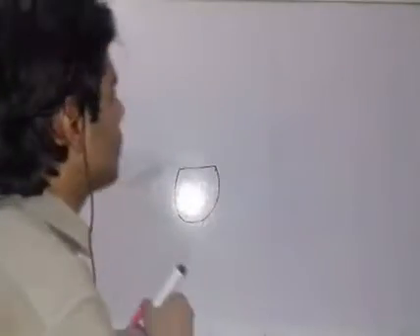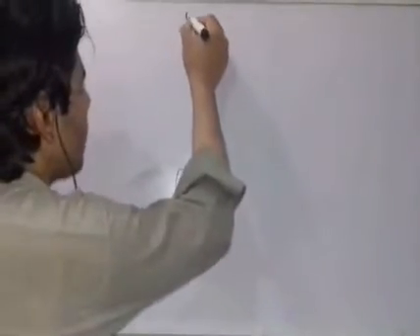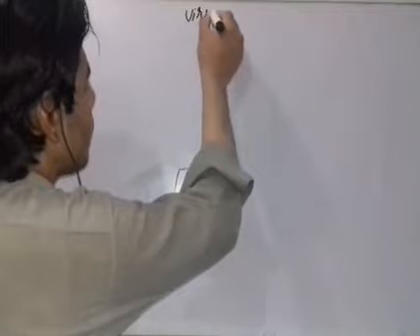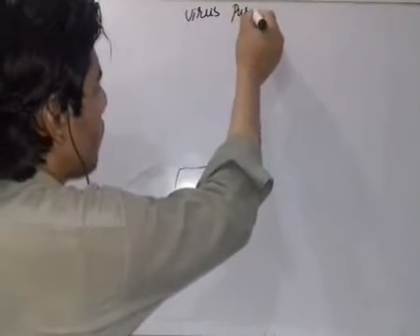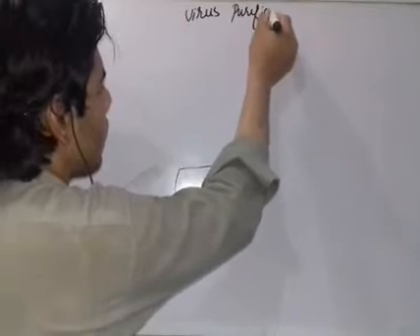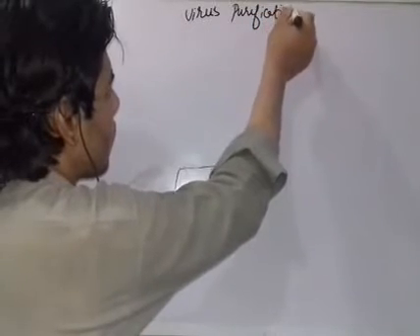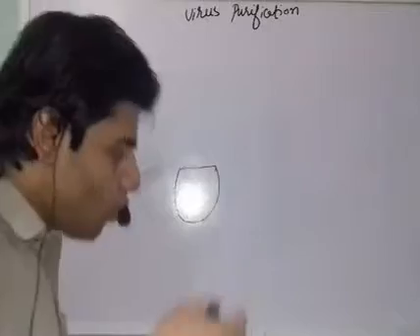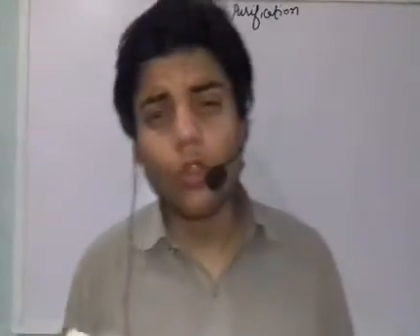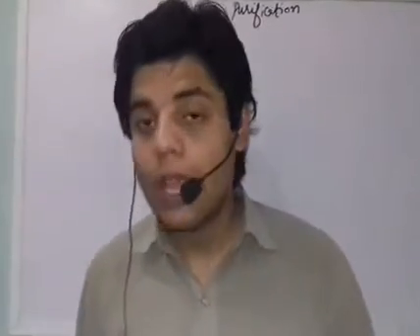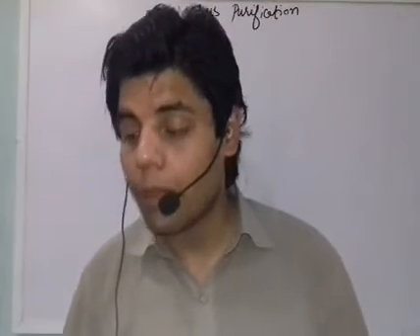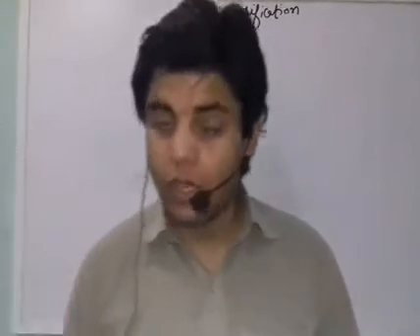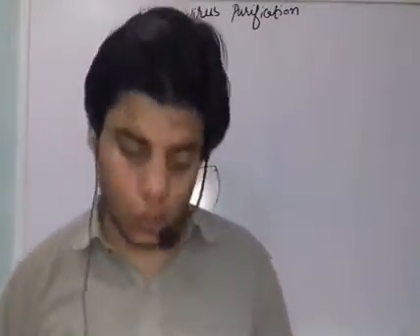So now let me write virus purification. Now for virus purification, we take the sample, blood sample or urine sample, from the virally infected patient. Once we take that sample, then we transfer it into a tube.